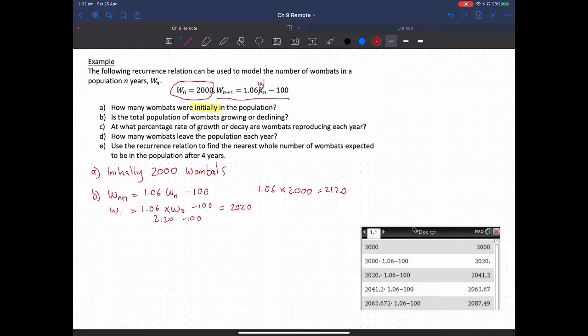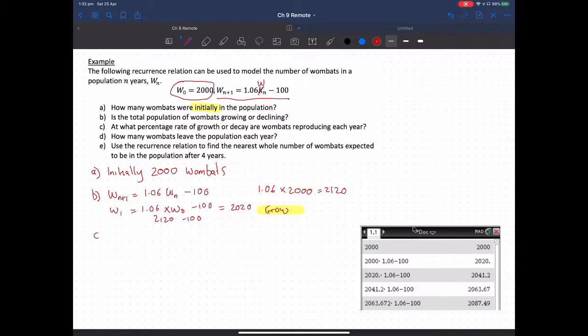Now, the number of wombats has got bigger. So what it means is, every time we multiply by 1.06 now, the number of wombats is going to increase by more than 100. So even though we're taking 100 wombats away, our population is going to continue to grow. It will be a growing population.